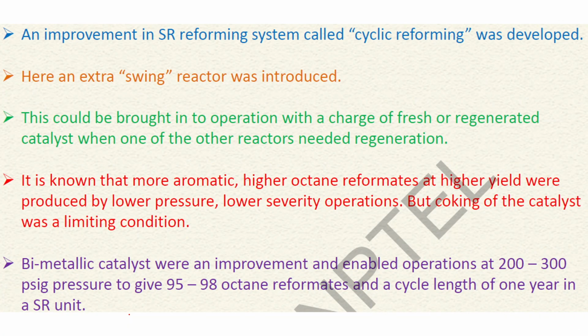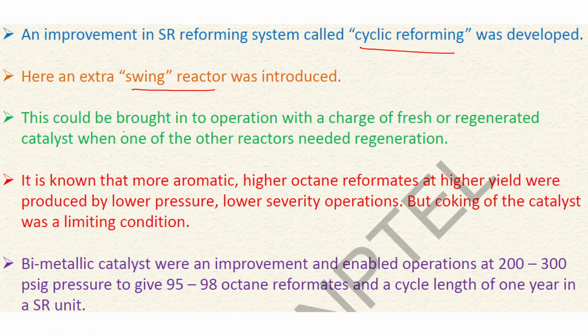Okay, so to tackle this problem of again and again shutting down the reforming unit, an improvement in the SR reforming system is done, which is cyclic reforming. Along with the reactors, an extra swing reactor was introduced.